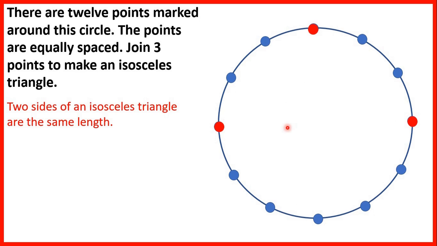Or we could have these points here, or we could even have these 3 points here. Now there are lots of possible answers for this question, but as long as you've got the same number of points on 2 of your sides, you have 2 sides of the same length, so that's an isosceles triangle.